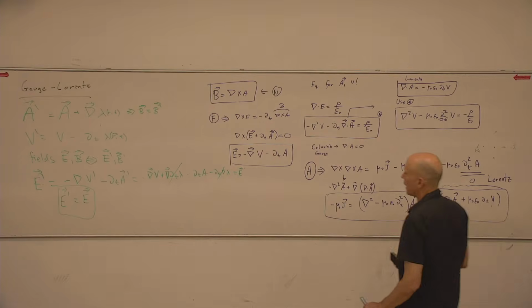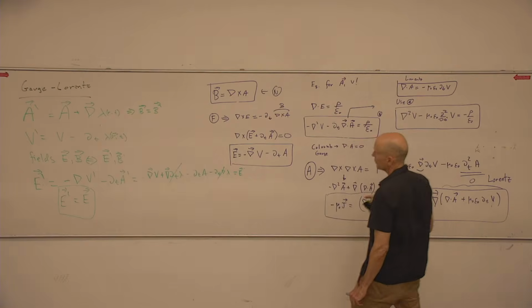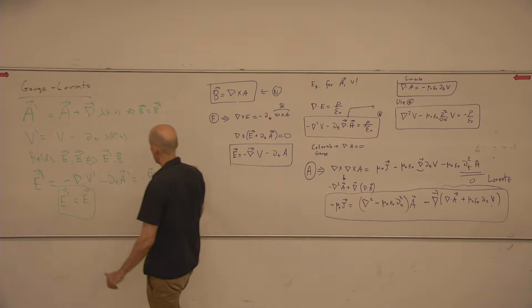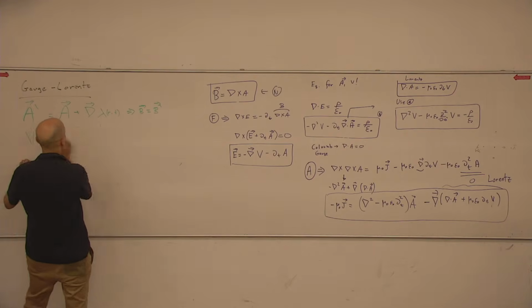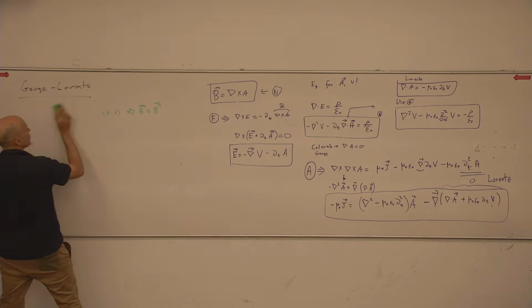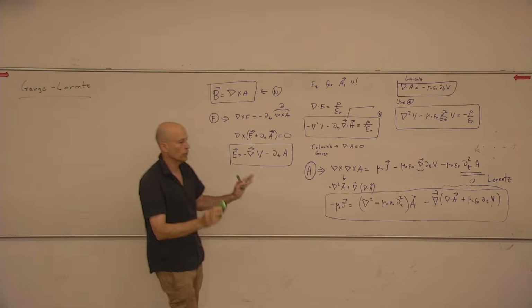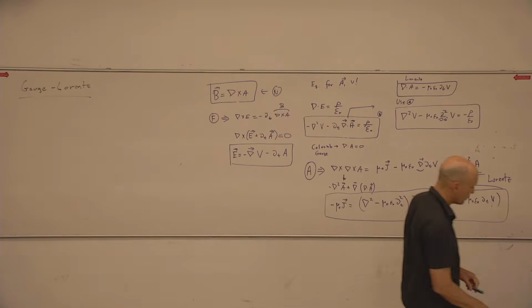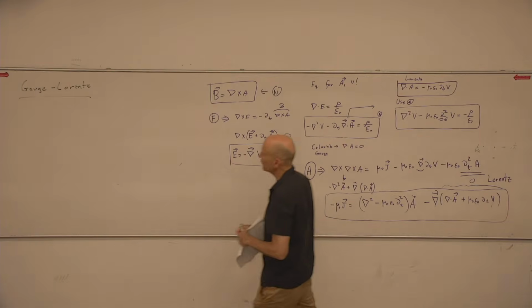So let us see. What I did now on the blackboard was a general transformation. Now let us be specific for the Lorenz gauge. So what do we claim in the Lorenz gauge?